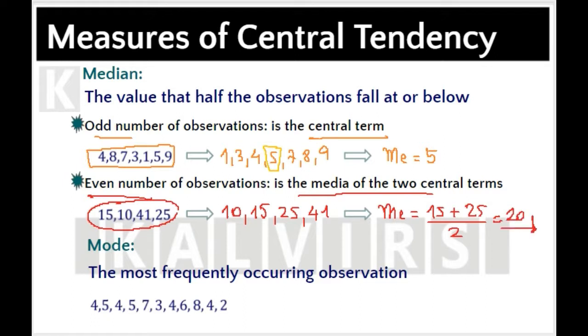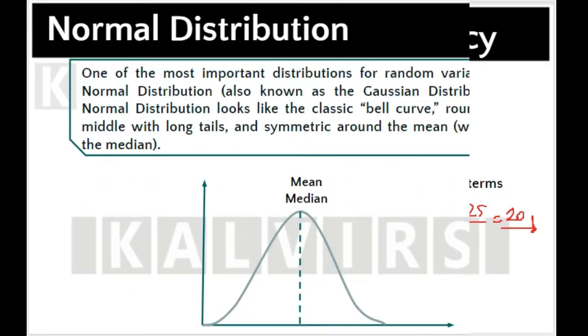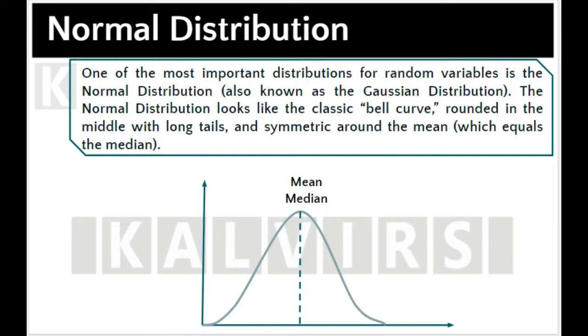The mode. The mode is the value that appears most frequently. For the set shown, the mode is 4, which appears 3 times. A normal distribution is an arrangement of a data set in which most values cluster in the middle of the range and the rest taper off symmetrically toward either extreme.